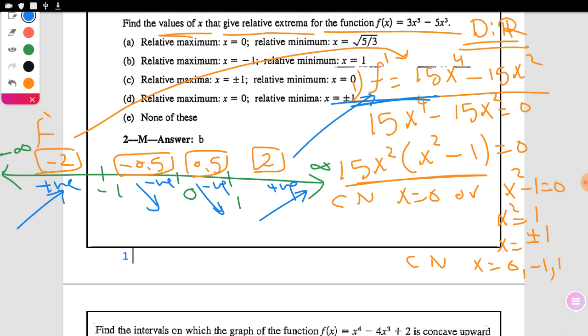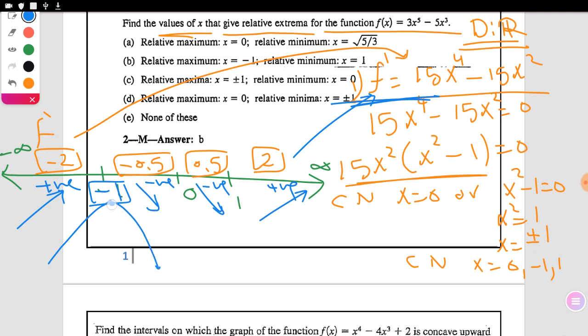As you know, the extrema occur at the critical number. That is the first condition. The second condition: the behavior of the function changes around this critical number, from increasing to decreasing or from decreasing to increasing. At the critical number -1, the function increases until it reaches the greatest value, then becomes decreasing.